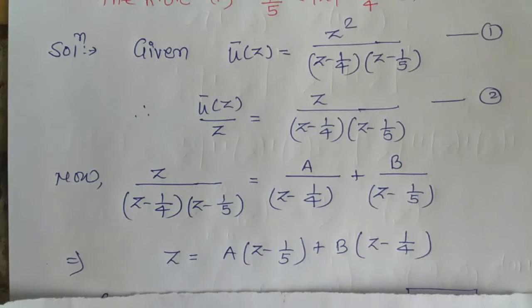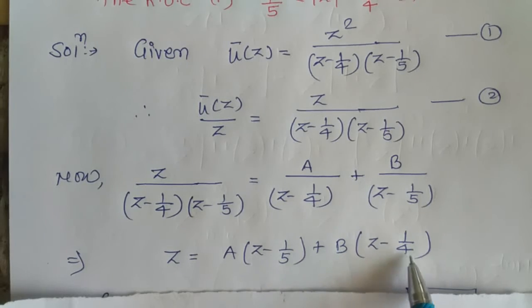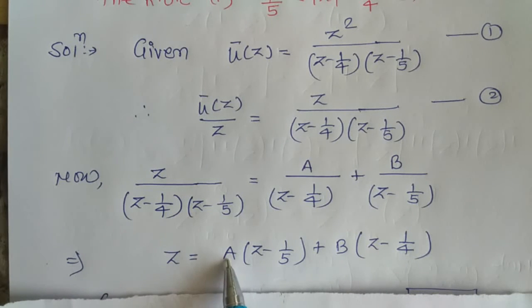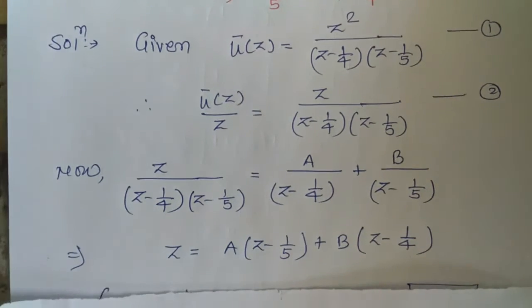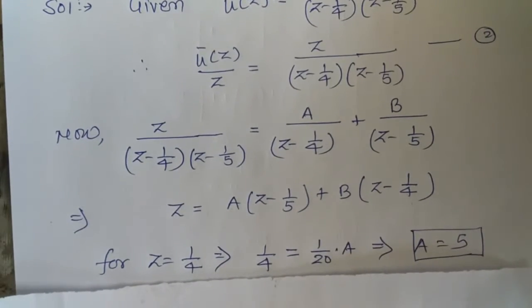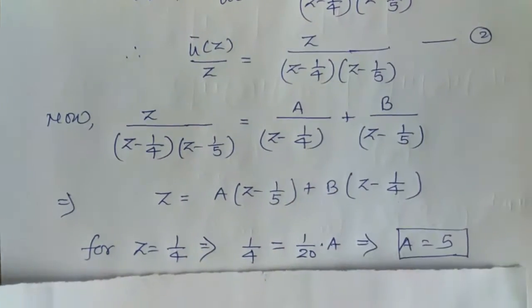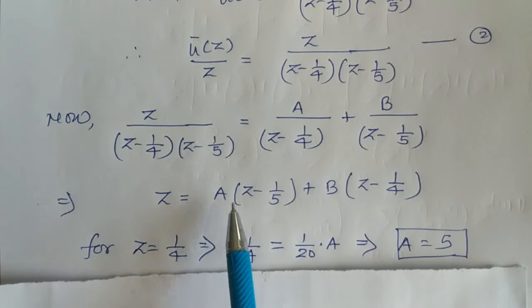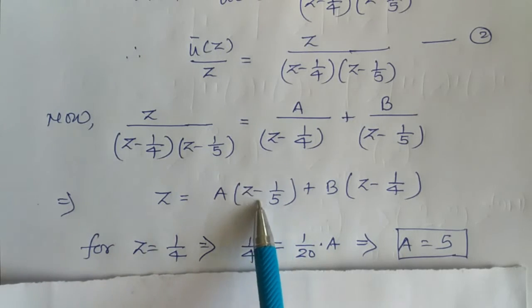Now put z equal to 1 by 4, then the B term is 0. For z equal to 1 by 4, we get 1 by 4 equal to A into (1 by 4 minus 1 by 5), which is 1 by 20.